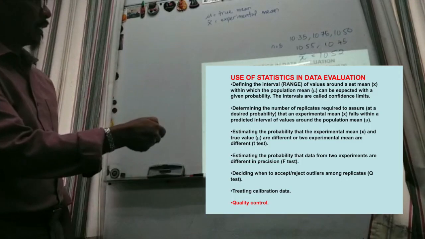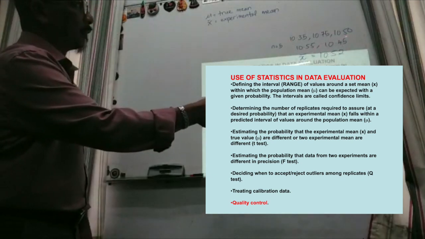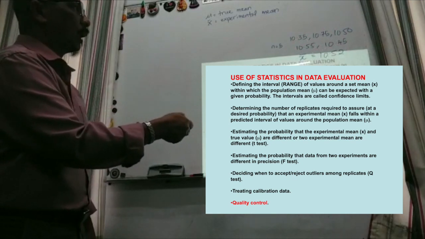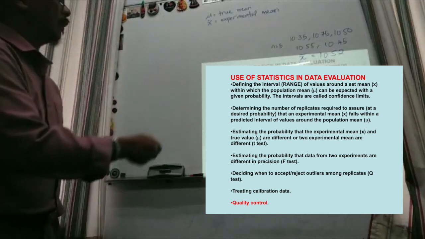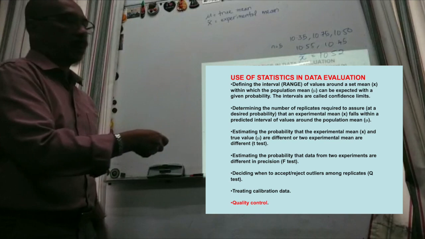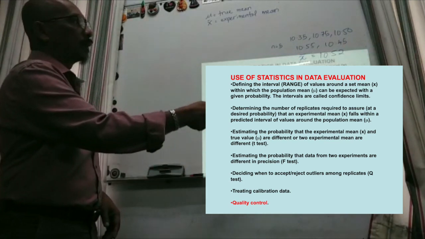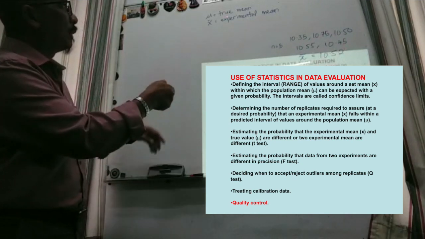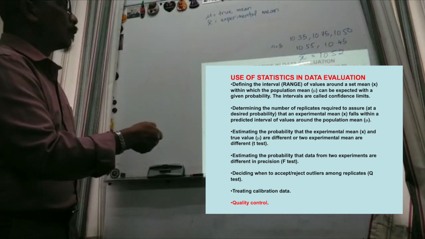Use of statistics in data evaluation. So let's say this is our data from 5 replicates. We are going to use statistics in data evaluation. First, we can use statistics to define the interval range of values around the set mean within which the population mean, which is our true mean, can be expected with a given probability.